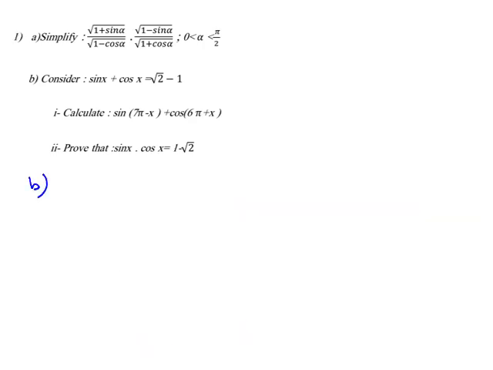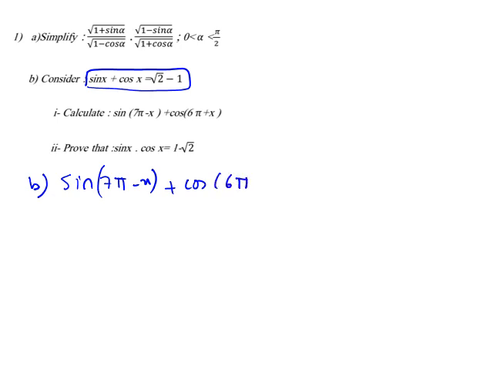B. Sine x plus cosine x equals radical 2 minus 1. Calculate sine of 7 pi minus x plus cosine of 6 pi plus x. Sine of 7 pi minus x is sine of 6 pi plus pi minus x.